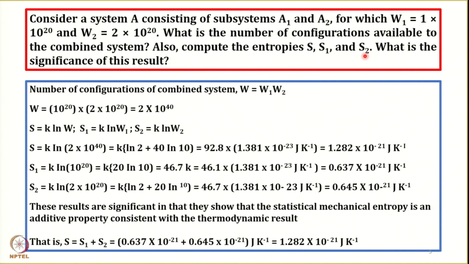So I read the comment again: these results are significant in that they show that statistical mechanical entropy is an additive property, that is, overall entropy is the sum of the individual entropies of the subsystems. This number plus this number comes out to 1.282 into 10 raised to the power minus 21 joules per Kelvin. So therefore, the additive nature of the results applies over here.